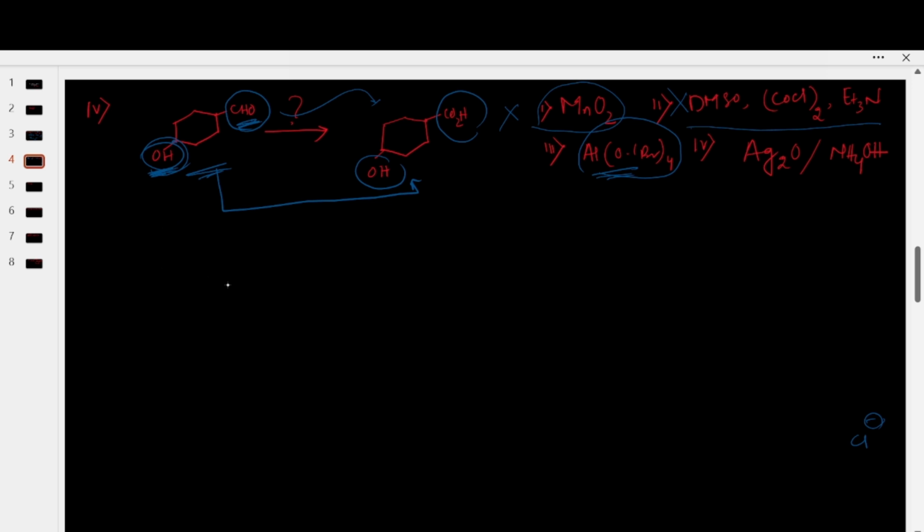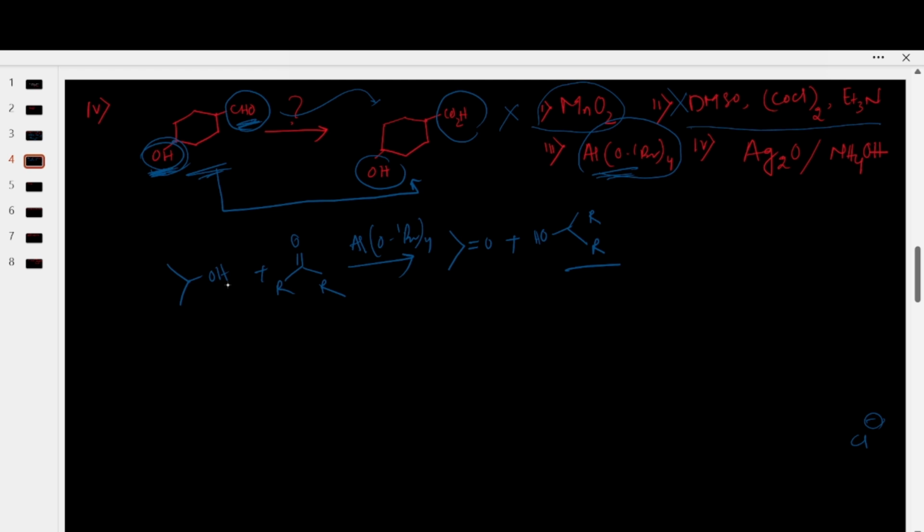So in Oppenauer oxidation, a secondary alcohol in the presence of acetone and aluminum tetraisopropoxide will convert to a carbonyl group, and this as a side product.